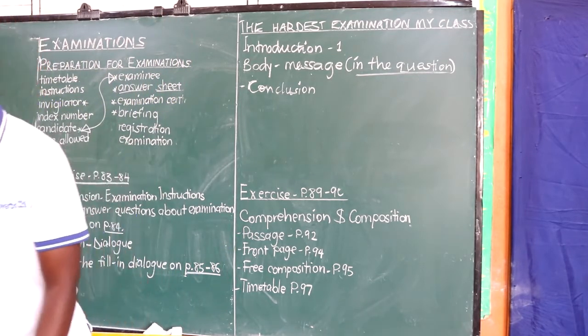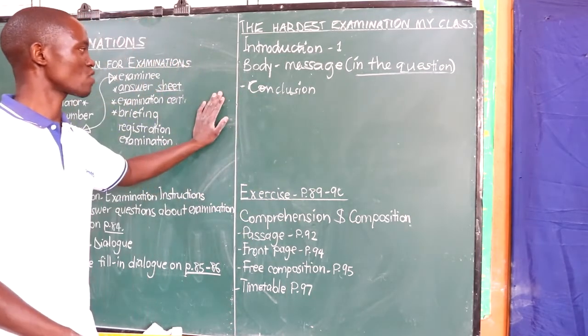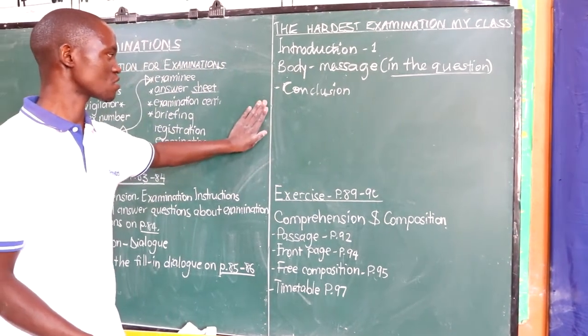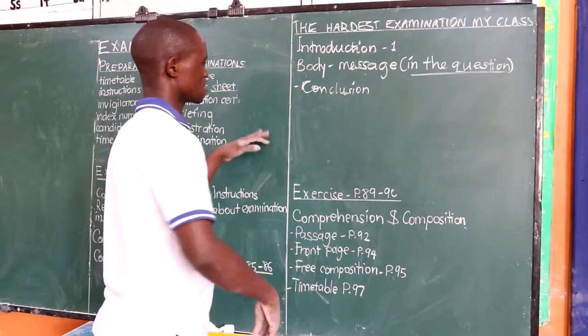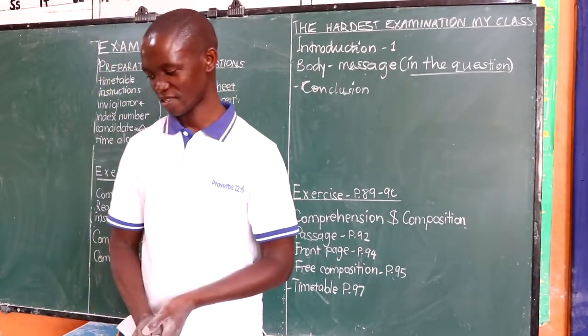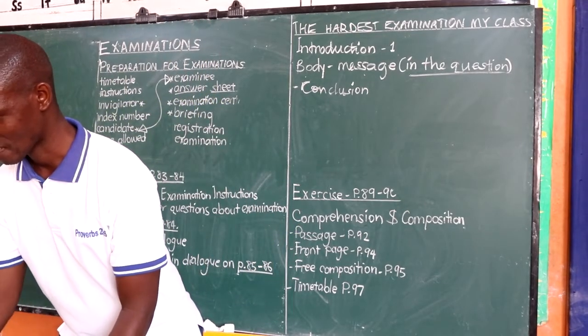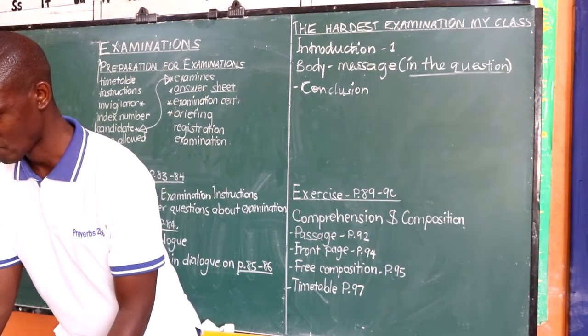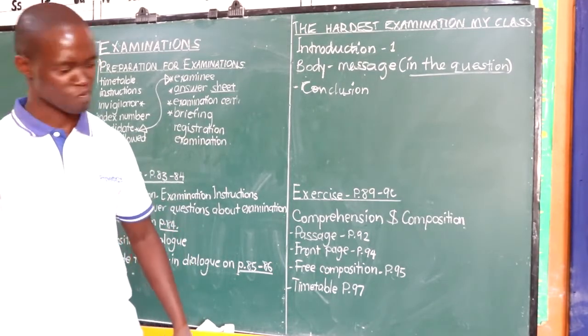Don't begin the composition with your name. In fact, again, don't end the composition with your name. You don't need that in your letter. So after writing the conclusion, that's enough. You don't need to tell us, my name is so and so, I stay in this place. All that stuff has no mark. In fact, the only thing it can do is to take away your marks.